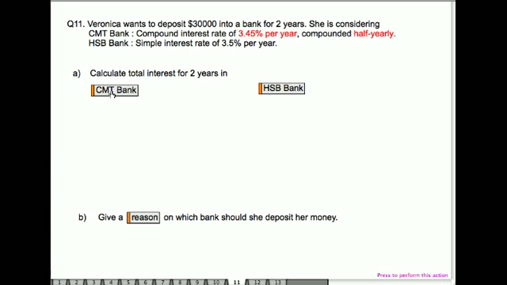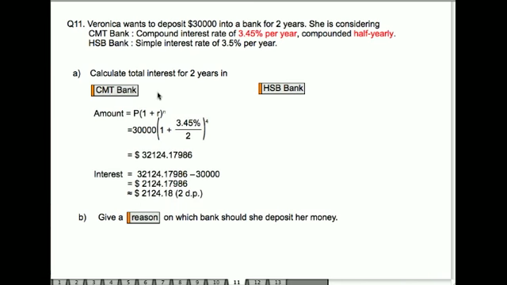Therefore, the interest in CMT Bank is, using the formula for compound interest, amount is principal times 1 plus R to the power of n. The rate is given per year, but we are interested in half yearly.